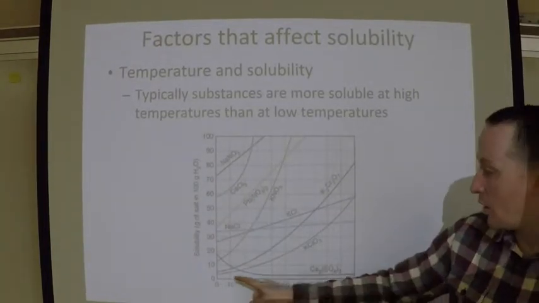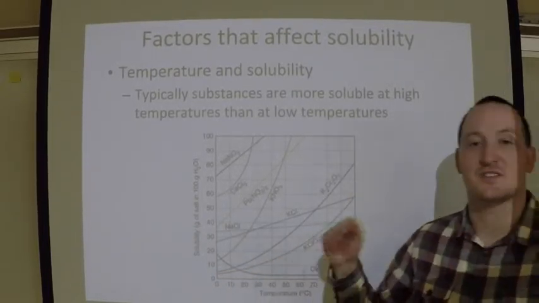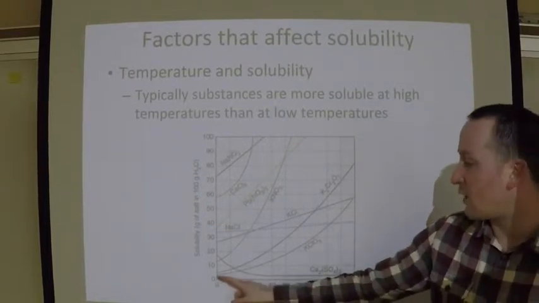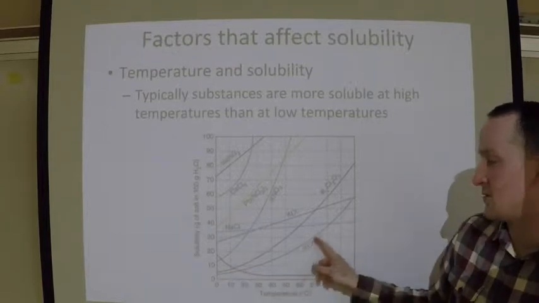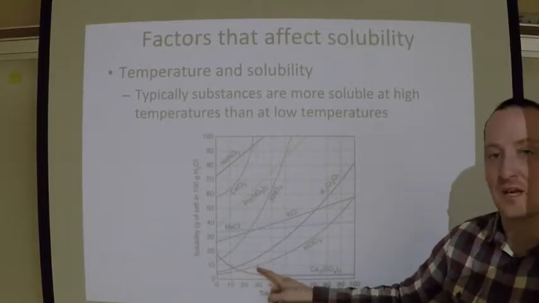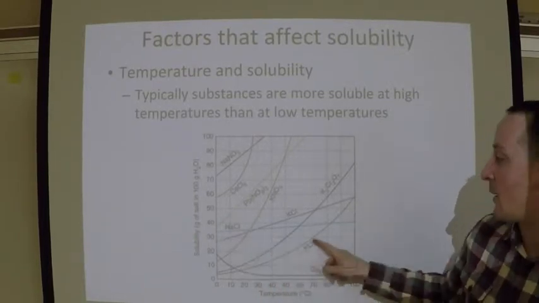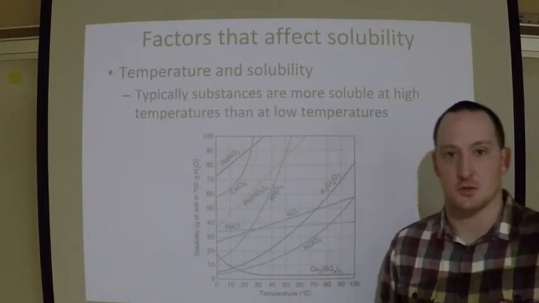All along this line is a representation of the saturated solution limit. At 10 degrees Celsius, I could dissolve about 5 grams of this compound. At 30 degrees Celsius, about 10 grams. At 70 degrees Celsius, about 30 grams. Those would be forming saturated solutions.